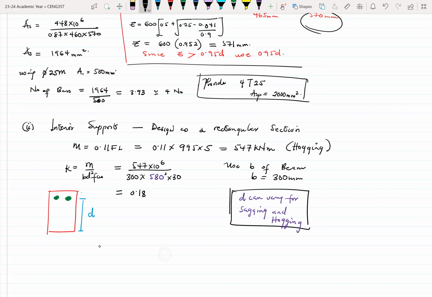Okay. So once we use 0.18, we'll compare with 0.156. Okay. And we can see that 0.18 is more than 0.156. And what this means is that compression reinforcement is needed.